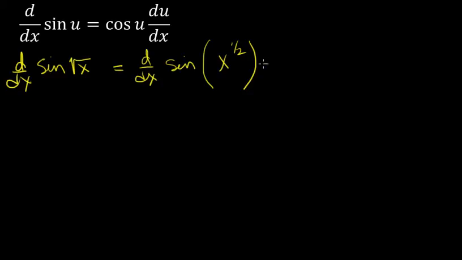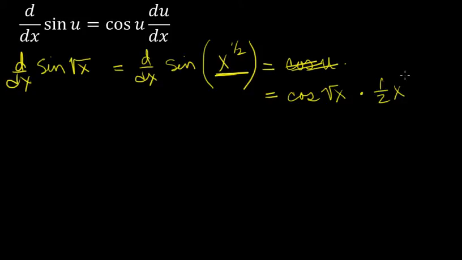So now to differentiate this, the derivative of sine u is cosine u, which is the square root of x, times the derivative of square root of x, or x to the 1/2, 1/2 x to the minus 1/2, using the power rule.